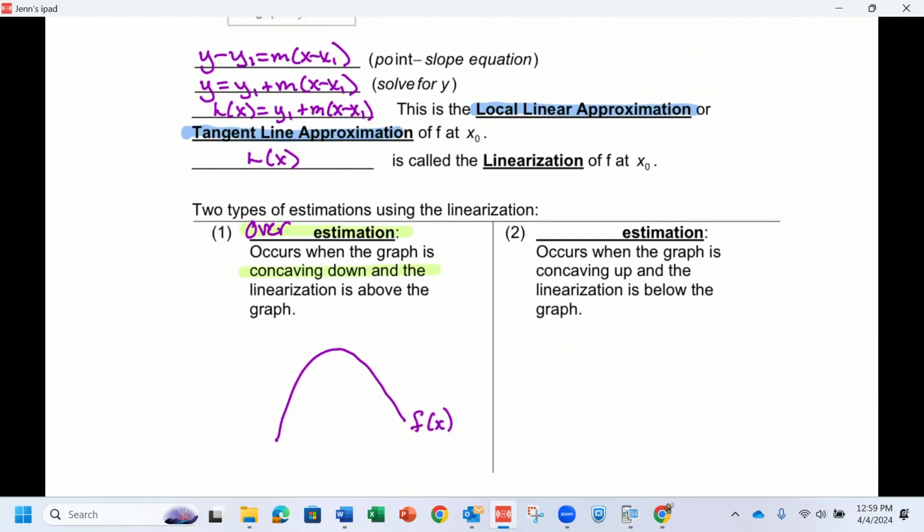No matter where I put a point on this curve, and I sketch my tangent line, the tangent line is going to be above the curve. This is my linearization. This is the equation of the tangent line. So you can visually see how the tangent line is above the curve, and these y values are going to be greater than what's on f of x. So this is how I know that my approximation L of x is going to be greater than f of x.